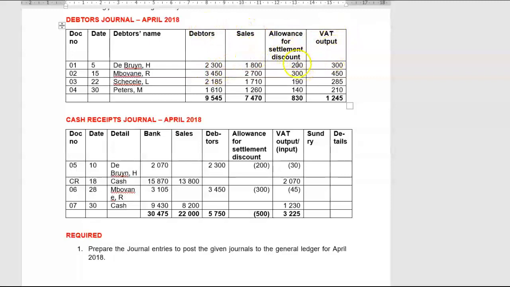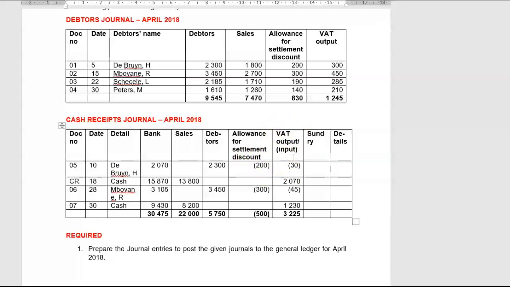So if we want to take that out of the books, we're going to debit that account. So this is going to be a minus. He didn't pay us 2,300, he paid us 2,300 minus 200, but that 200 is only the VAT exclusive amount. So the VAT that we can claim on the 200 times 15% equals 30, and that will go against our VAT input.